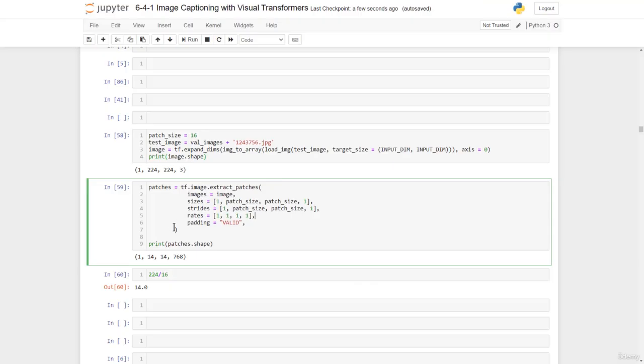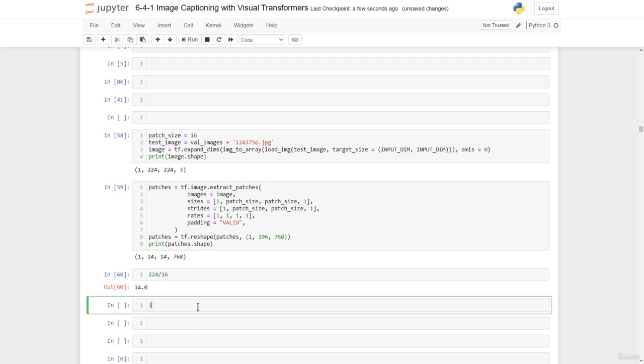And so we just simply reshape the patches. So we have patches equals tf.reshape of patches. Then we specify this batch size of 1. We could put a -1 here, or just put 196 since we know it's going to give us 196. Then we have 768. Now note that 768 is equal to 16 times 16 times 3, since each of our patches is 16 by 16, that's the patch size, and then obviously we have the channel dimension.